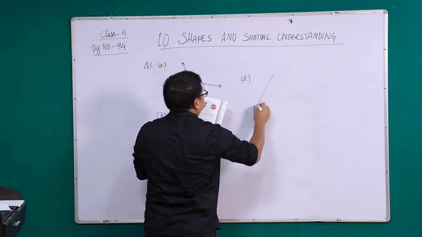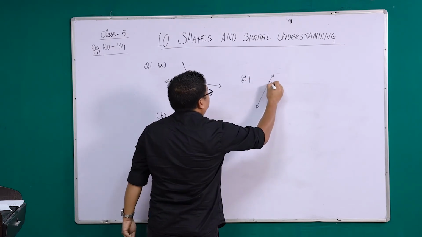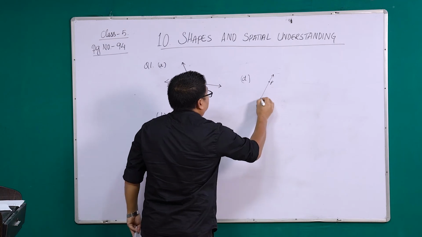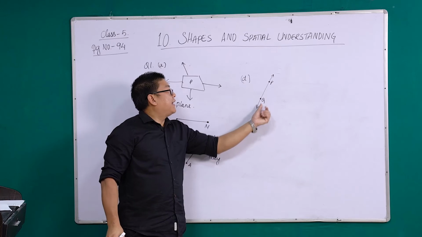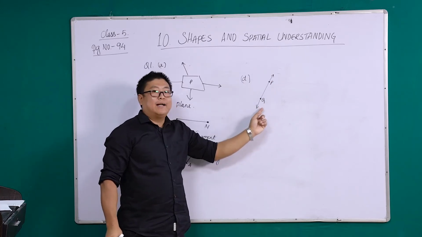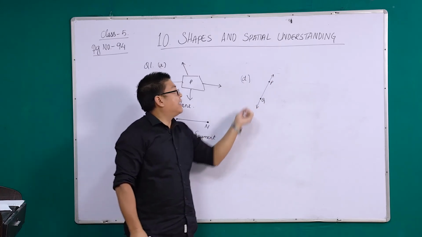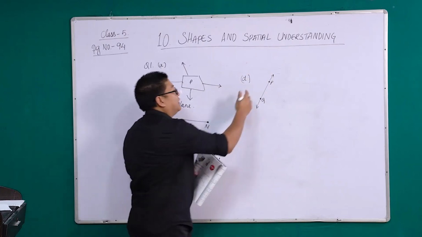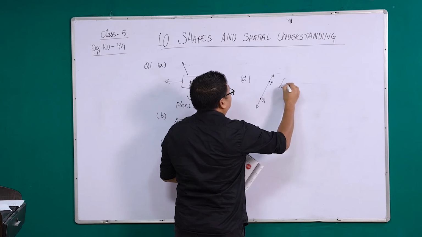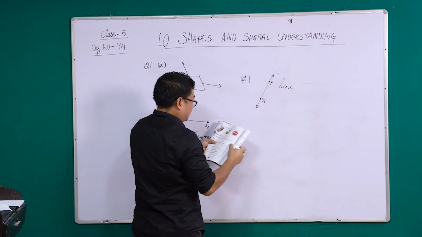Next is given in this manner. We have 2 points on the line. So this line indicates, these arrows indicate that they are endless. They can extend beyond, infinity. So these are called as lines, or this can be called as line.